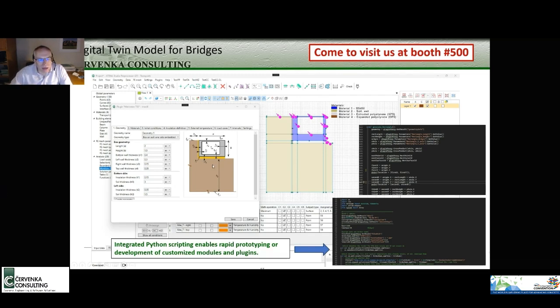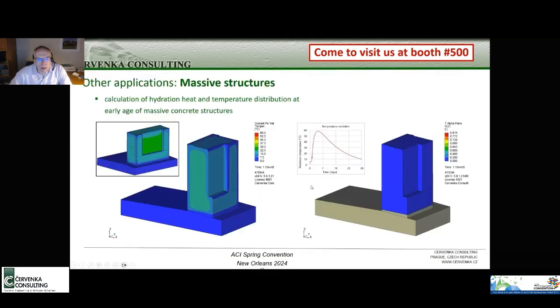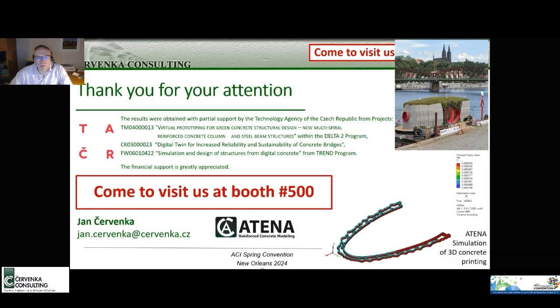This is, for instance, the plugin for a specialized modeling of hydration heat development, like you see here, that you can use to check the hydration for some specific geometrical assemblies. Here it is for a more complex situation where we model the hydration heat development in a concrete structure in 3D. So all these things are now available in the new version of ATENA.